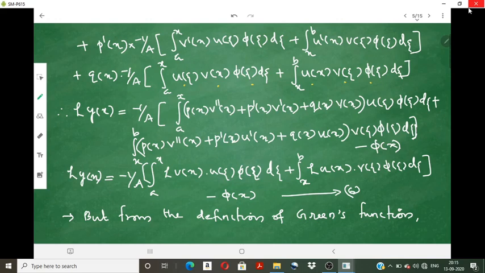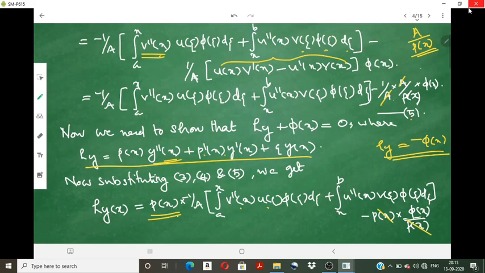So now we have to combine the terms, the integrals, in some special manner. First we look at all the first integrals, that means integral a to x. Here we have minus 1 by a into p of x into this integral. In the second term, in the first integral, we can see that integral a to x, it is u of theta phi theta d theta, v double dash of x.